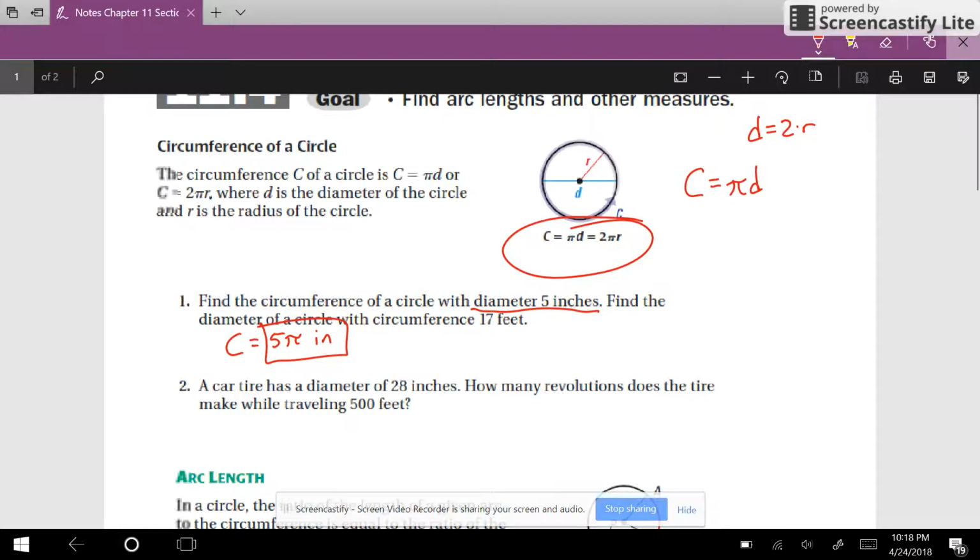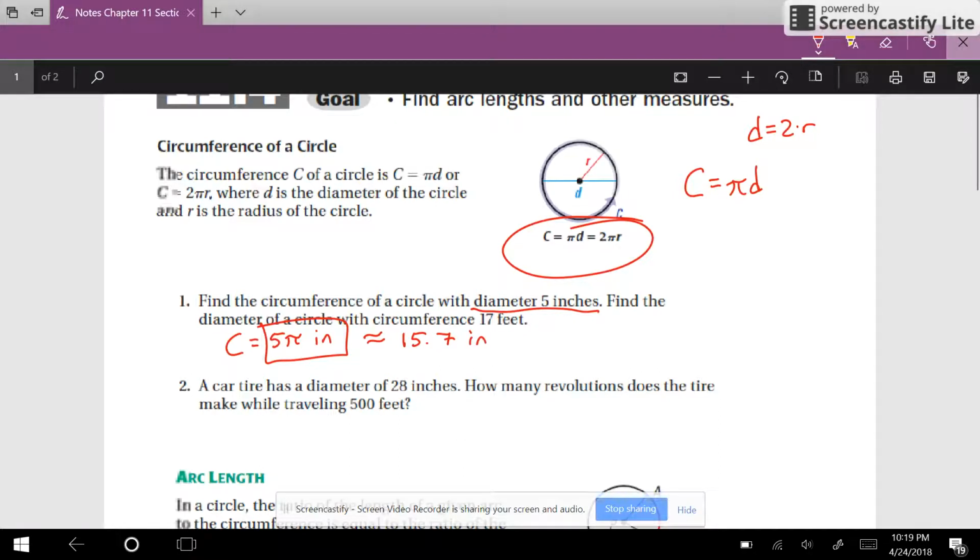Now, a lot of times we might change it to a decimal form. If you do that, use the pi button on your calculator, not 3.14, not 22/7. Use the pi button on your calculator. It is more accurate. So we get about 15, we'll go to the nearest tenth, so 15.7 inches. They mean the same thing.